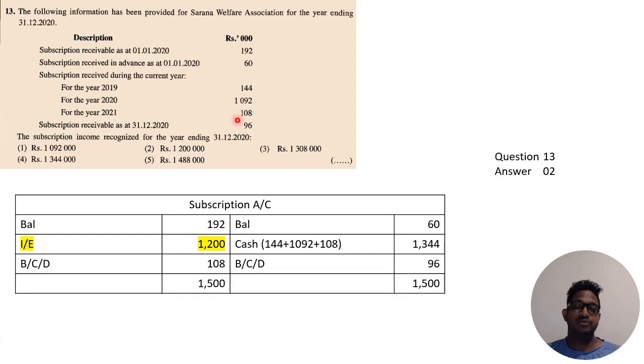So 108 you received in cash this year, that is relevant for the next year, right? So that 108 is subscription received in advance as at closing date. So it should be in balance carried down on the debit side. So when you record all this information that you know, then you can find out what is the income that you should identify to the income statement. So it should be 1,200. So the correct answer for question number 13 is answer number 2.